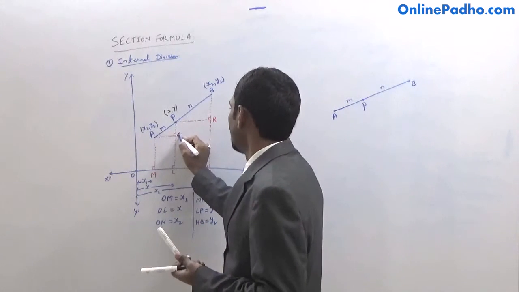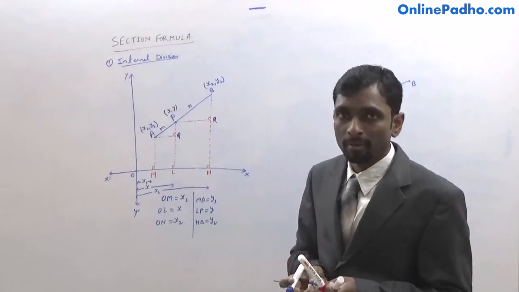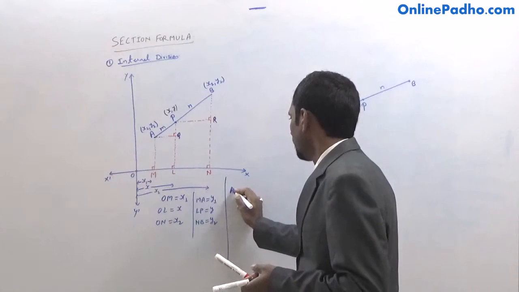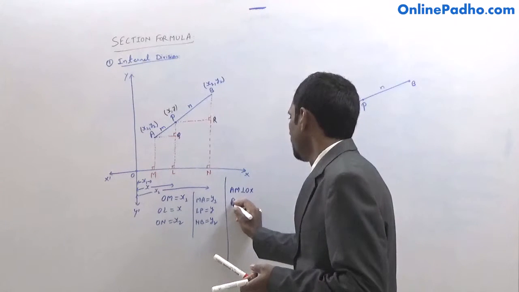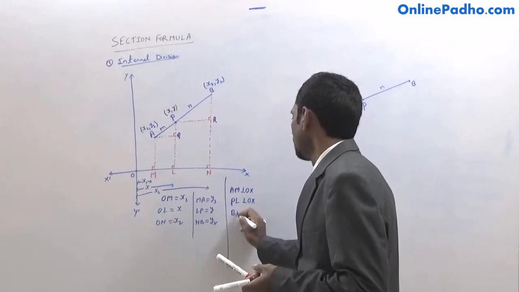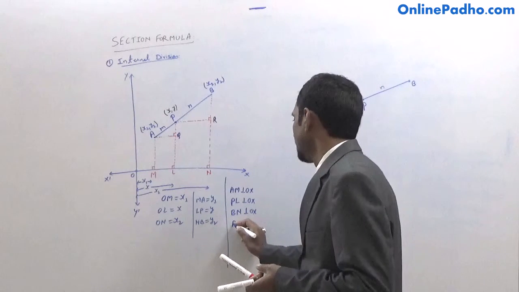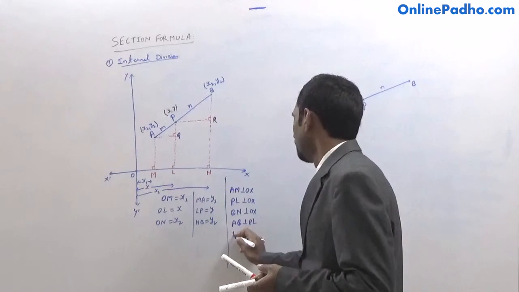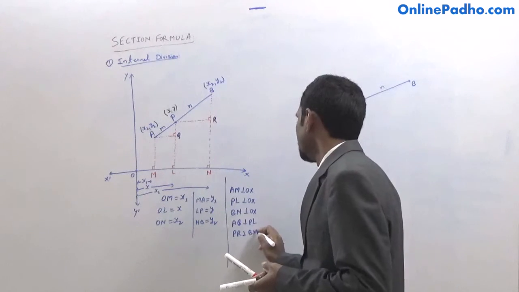How many perpendiculars are drawn here? We need to write here: AM is perpendicular to OX, PL is perpendicular to OX, BN is perpendicular to OX, and we drew AQ perpendicular to PL, and PR perpendicular to BN, right?